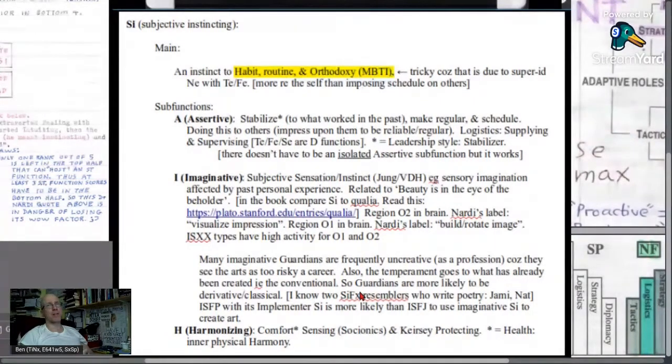And so they can get stress-related illnesses, overwork themselves, and put too much attention on other people and neglect themselves.